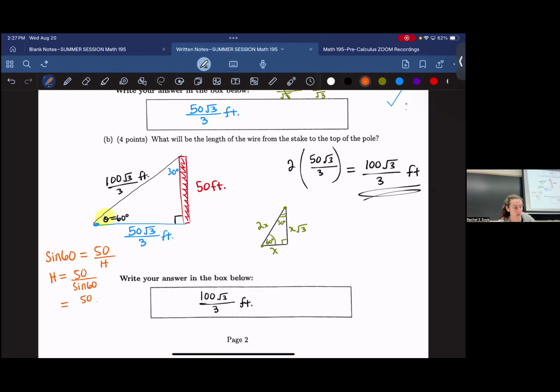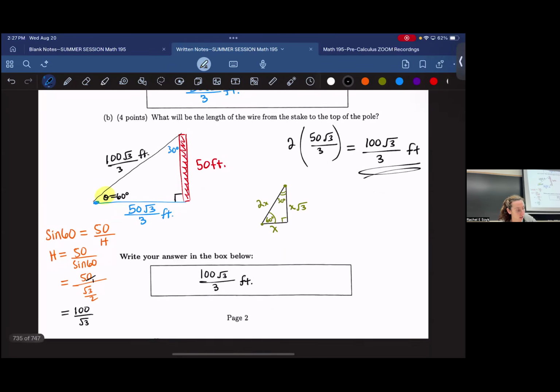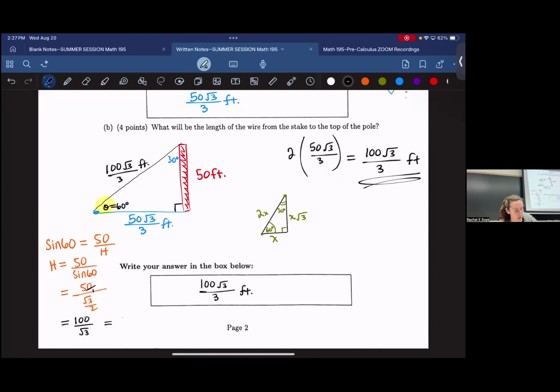So 50 divided by square root of 3 over 2. Keep, change, flip. And you get 100 over square root of 3. Rationalize the denominator, and you get the same answer that we got. So either way would work.